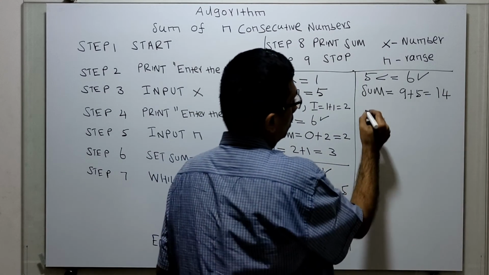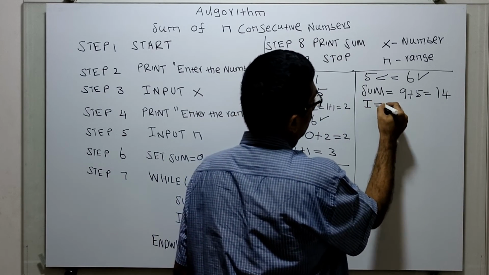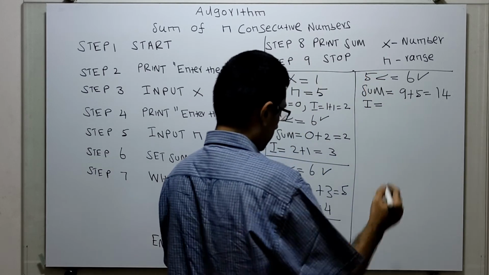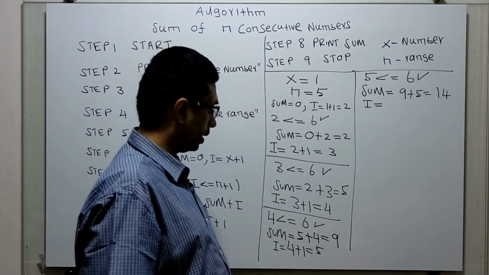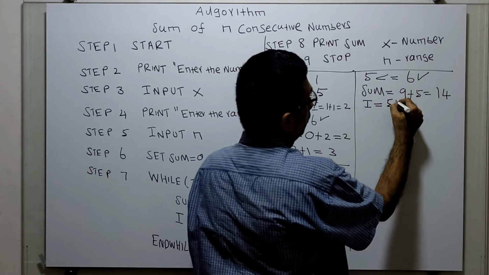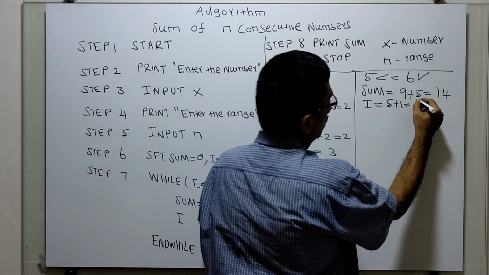I equal to I plus 1. The existing I is 5, then plus 1, 5 plus 1 equal to 6.